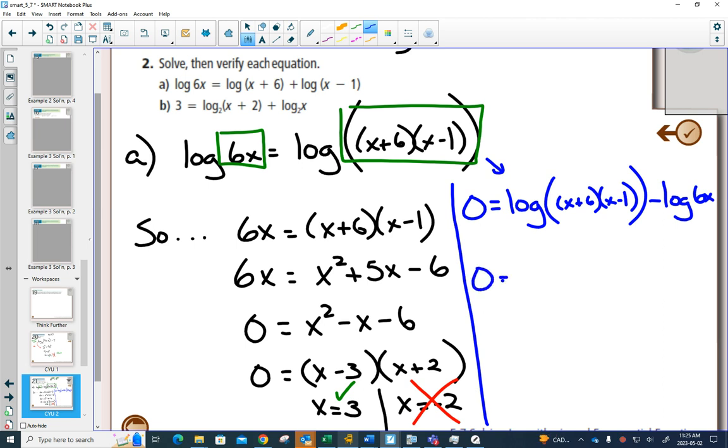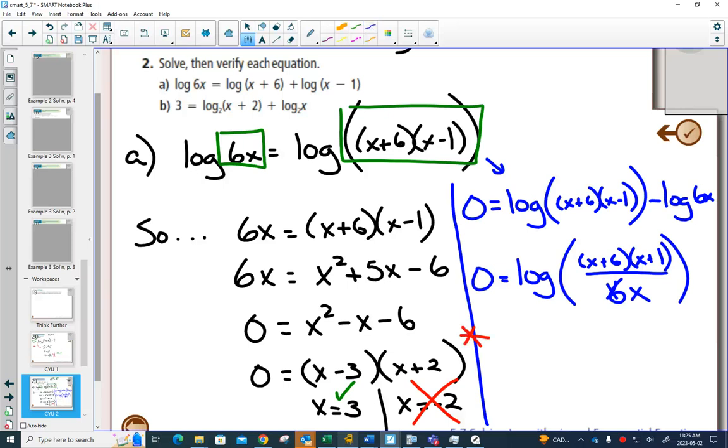and then say I have a log law that says if I'm subtracting, that's the same as dividing inside the logarithm. And now I have a single logarithm. Once you have a single logarithm, that's where we use the weird step and say, okay, I can change this to exponential form.